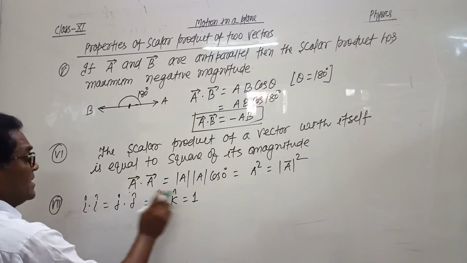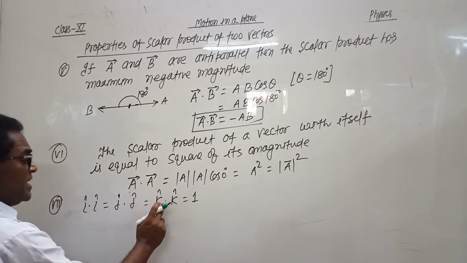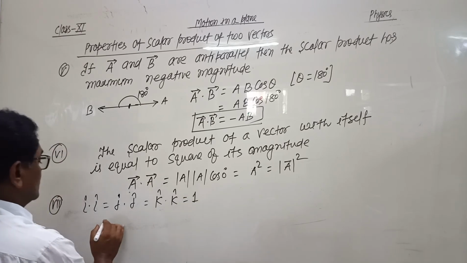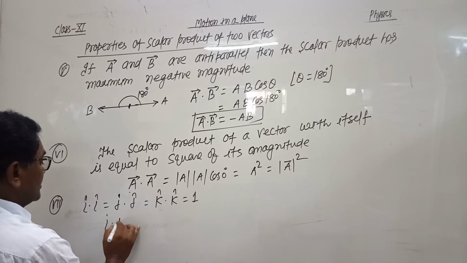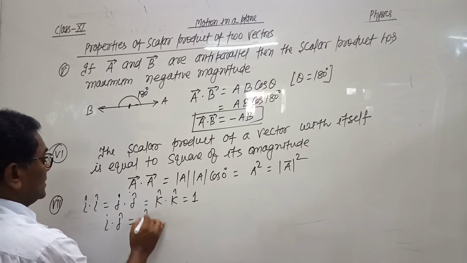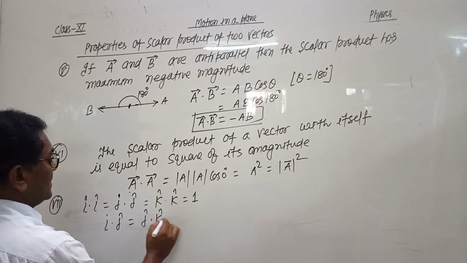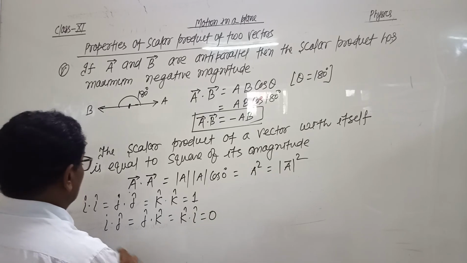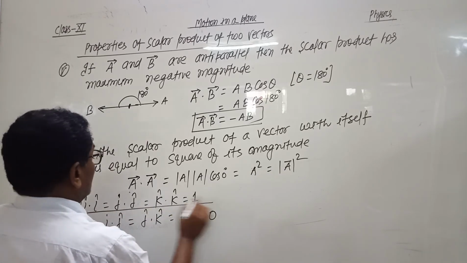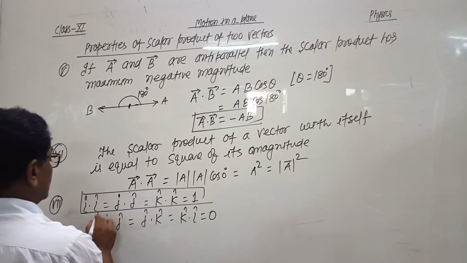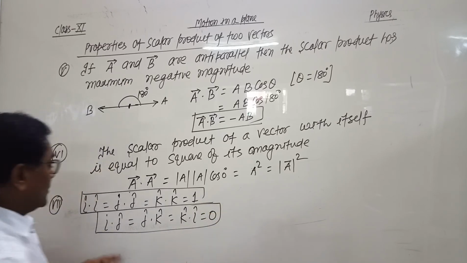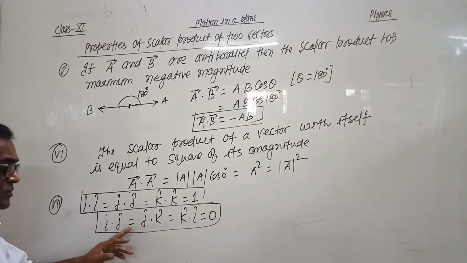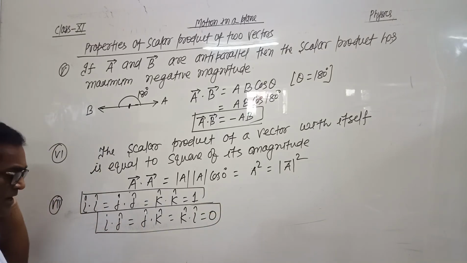So i dot i equals 1, j dot j equals 1, k dot k equals 1, and i dot j equals j dot k equals k dot i equals 0. Similarly, the scalar product holds the commutative law.